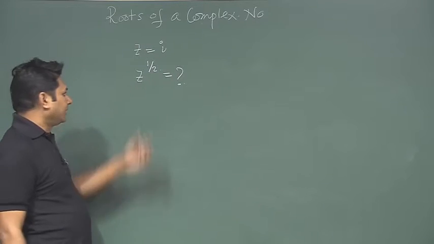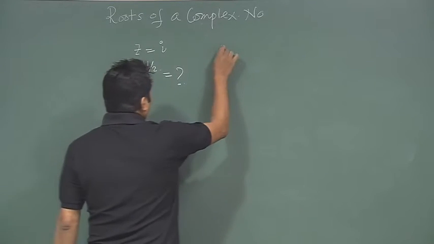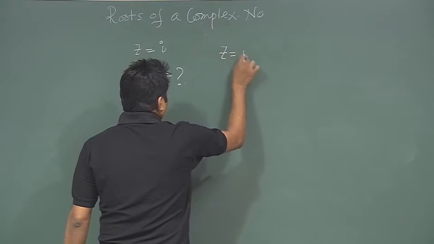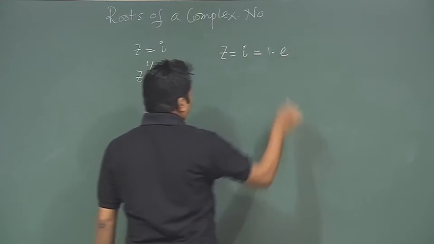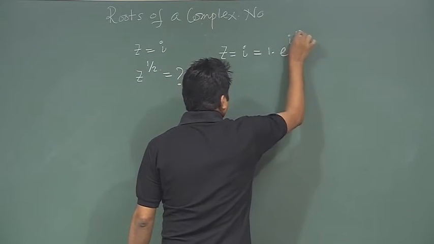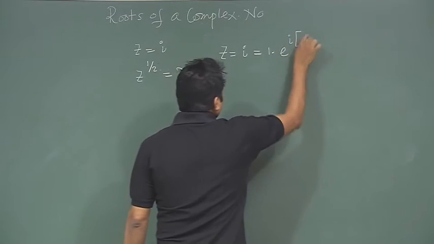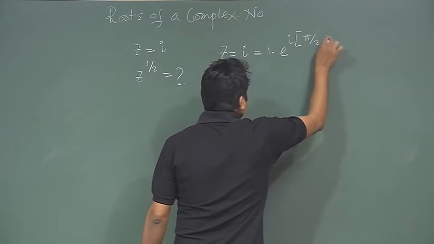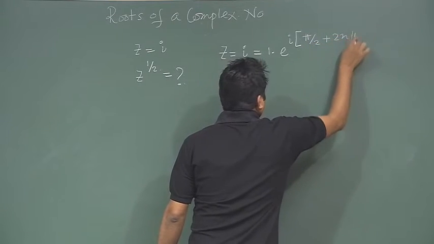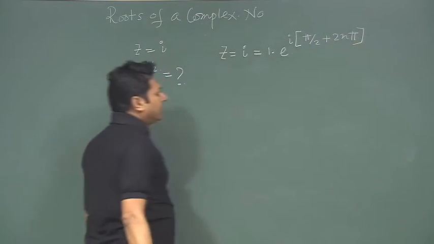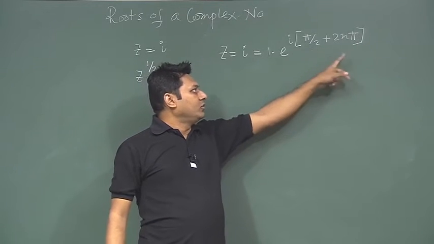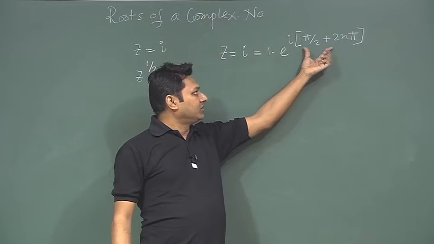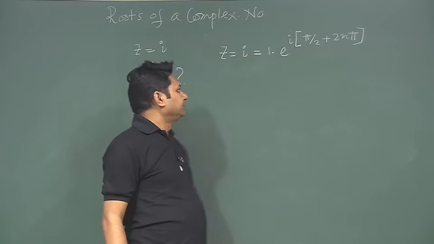What is the value of root over i? So, I know z is equal to i, that means it is 1 times e to the power of i, and this i suggests the angle is pi by 2 plus 2 n pi. This is the argument of z, the principal value plus these terms, so this total is the argument of z.